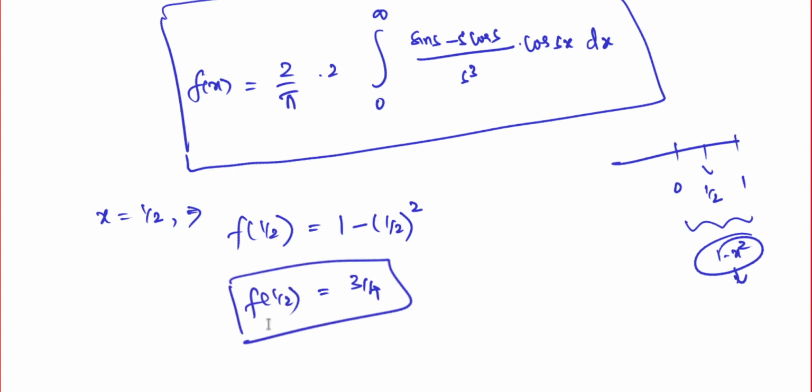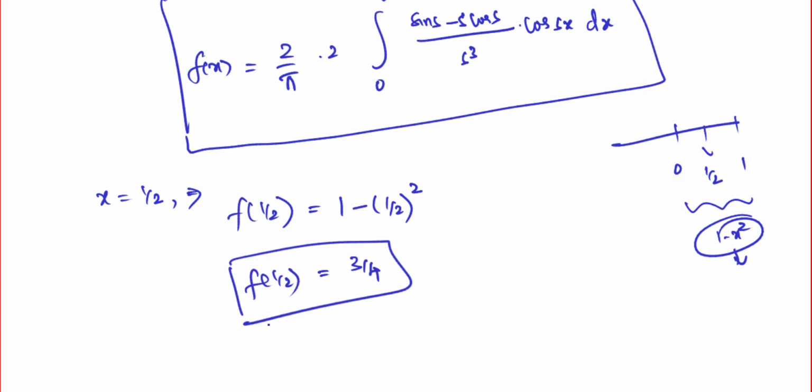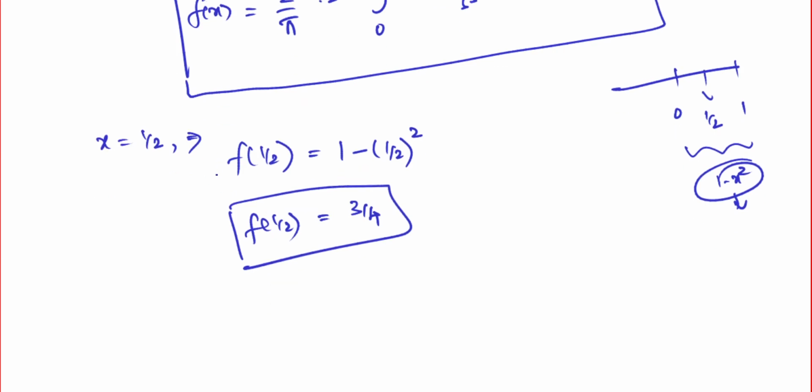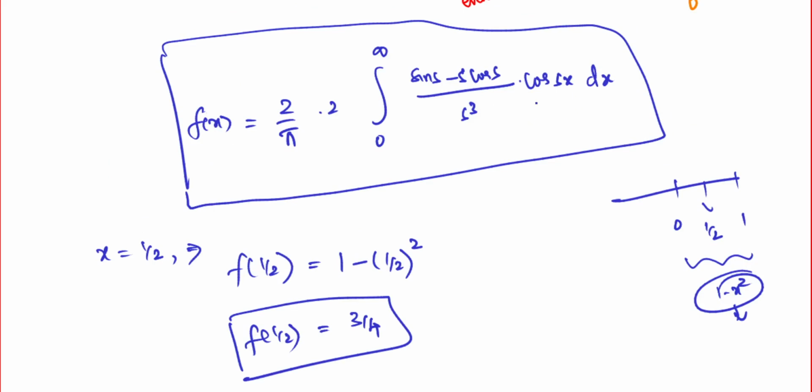Okay, fine. And what about the right hand side? In the right hand side, there is only one place where there is an x value, and if you replace that by 1 by 2, you will get cos s by 2. That's all.